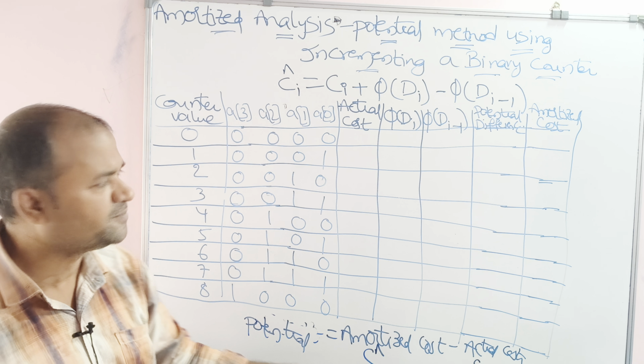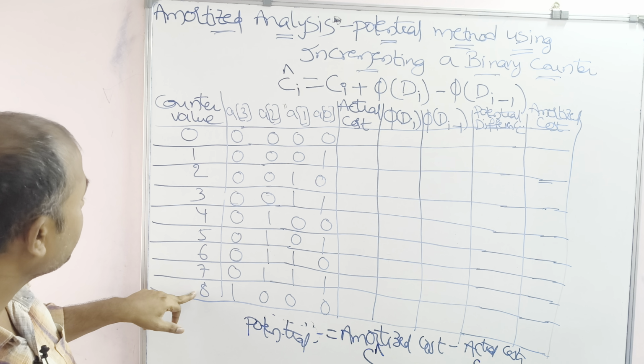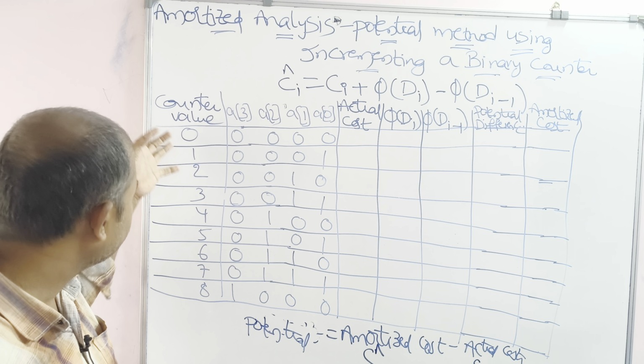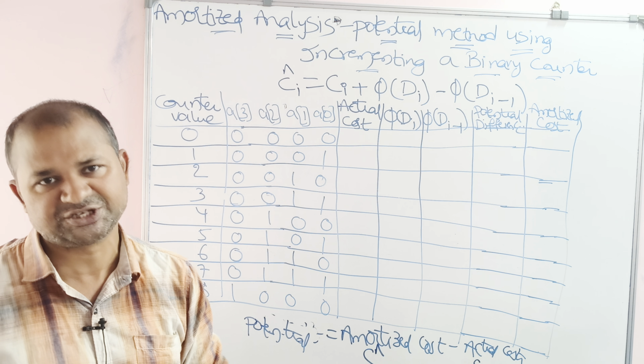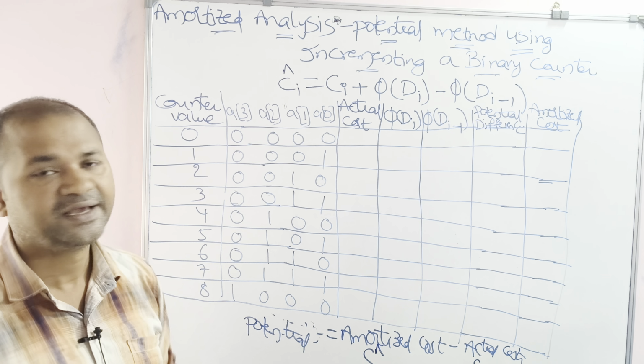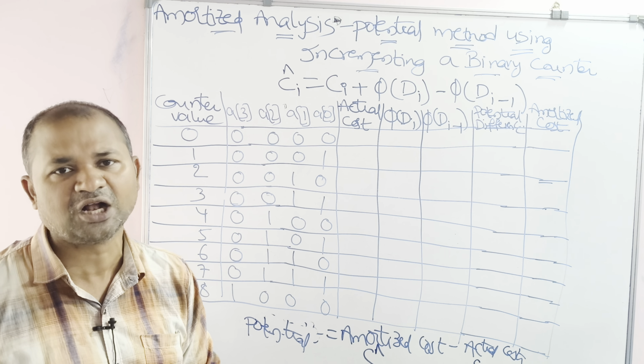Here we have different columns. The first column is the counter value. Here we have 9 counter values from 0 to 8. The second column is the corresponding number in binary notation. A[3] is the MSB, the most significant bit, and A[0] is the least significant bit. So 0 in binary notation is all zeros.